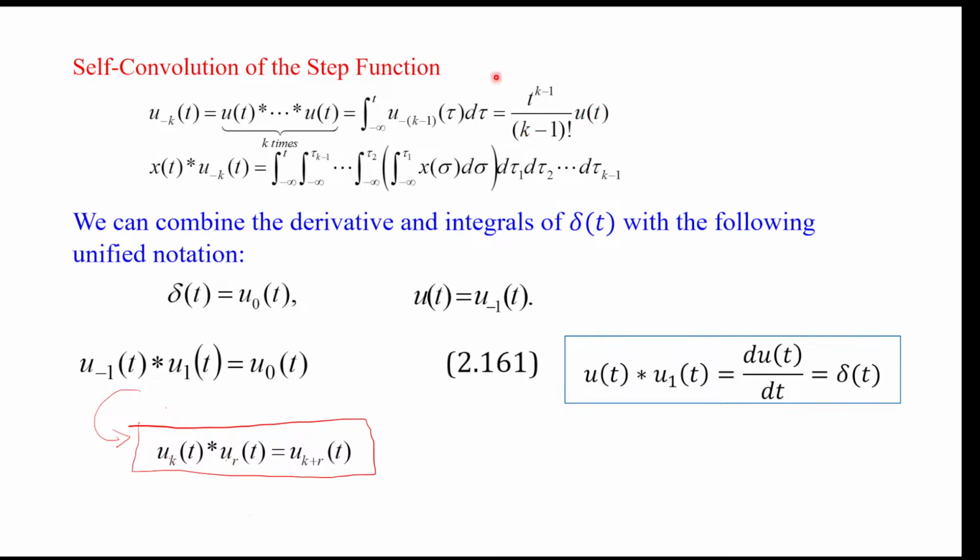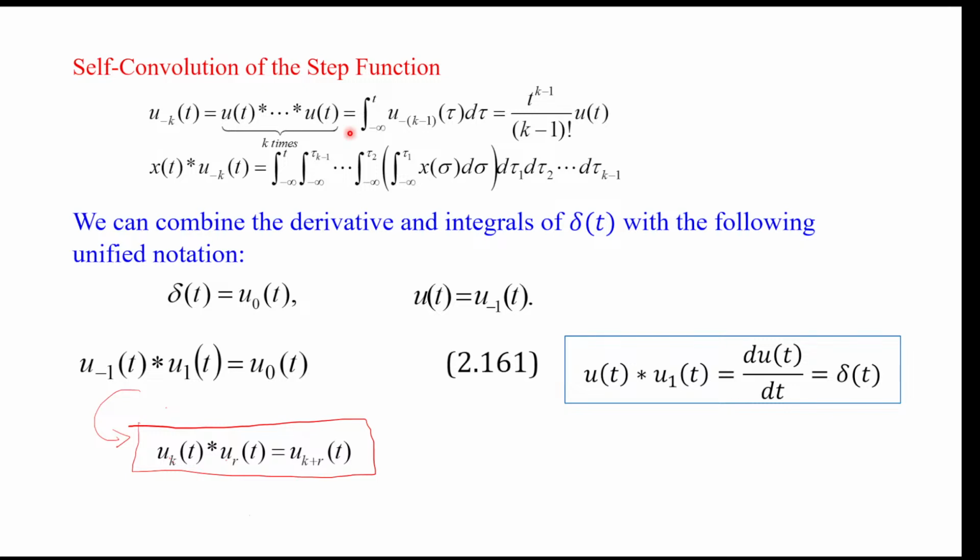In fact, they are monomials: t to the k minus 1 divided by k minus 1 factorial, times u of t. They represent the system that integrates k times. If you convolve your input with u sub minus k of t, then the output will be the input integrated k times.